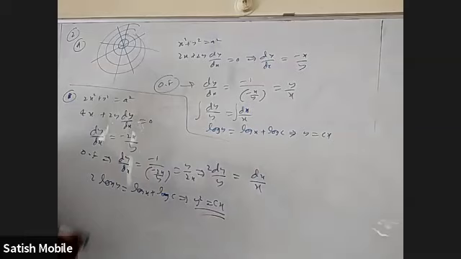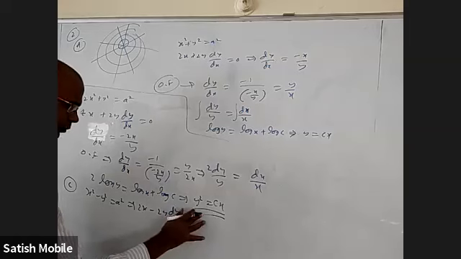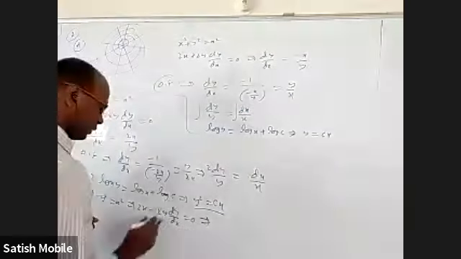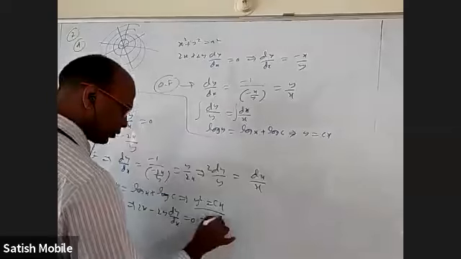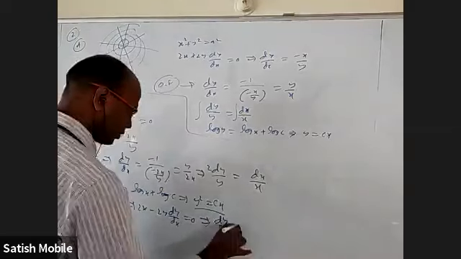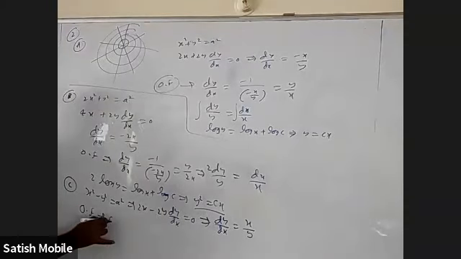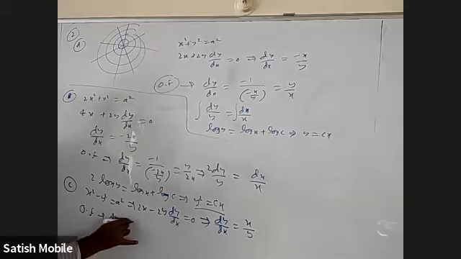Family of ellipses. x square minus y square equal to a square, so 2x minus 2y dy by dx equal to 0. From that, you will get dy by dx equal to x by y. Then for the orthogonal family, dy by dx is minus 1 by x by y, which is minus y by x.